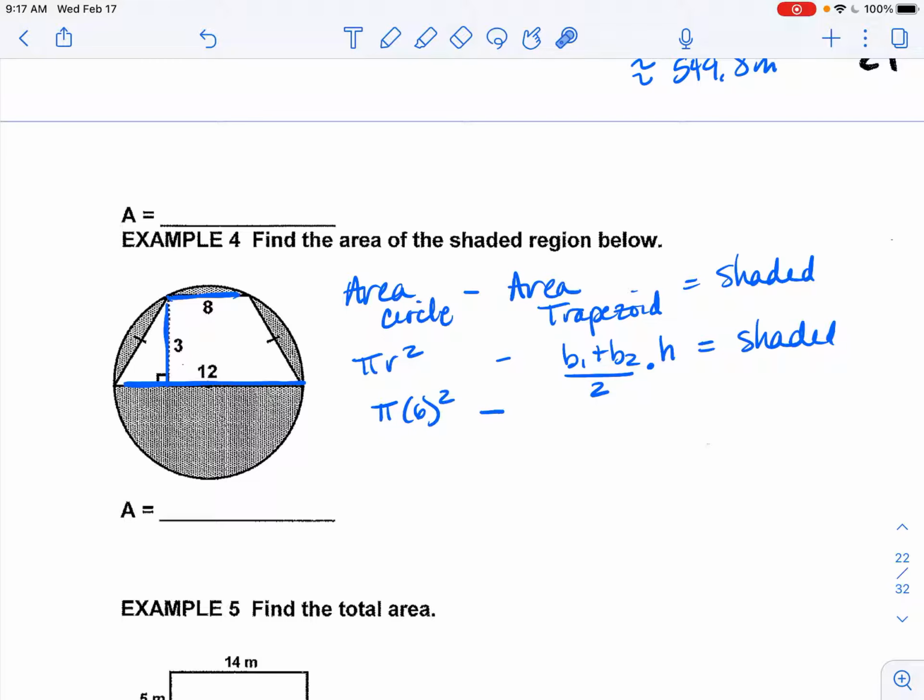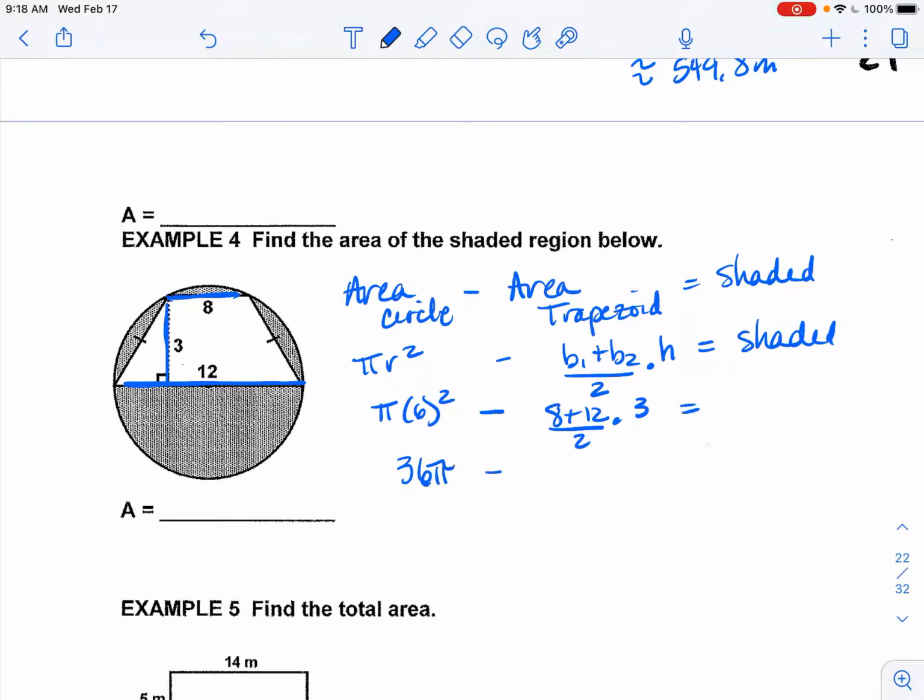All right, for the trapezoid, we have one base that is 8, one base that is 12, and the height is 3. So we have 8 plus 12 divided by 2 times 3. What we're doing is we're averaging the bases, adding the two sides and dividing by 2. That'll give us the average base. Okay, let's take this to a calculator.